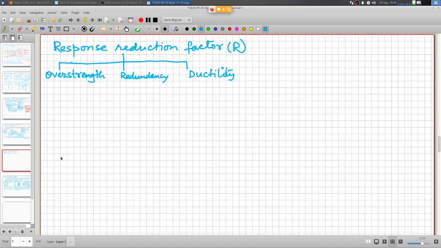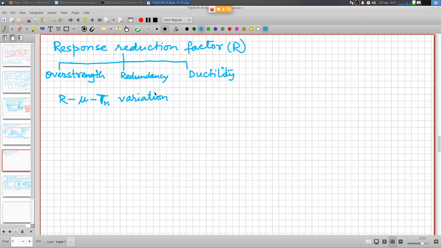And this will be your next home assignment: you need to find out the sensitivity of the response reduction factor. It is actually dependent on ductility and the natural period of the system. So R mu T variation: how does this response reduction factor vary with respect to time period for a given amount of ductility, right?